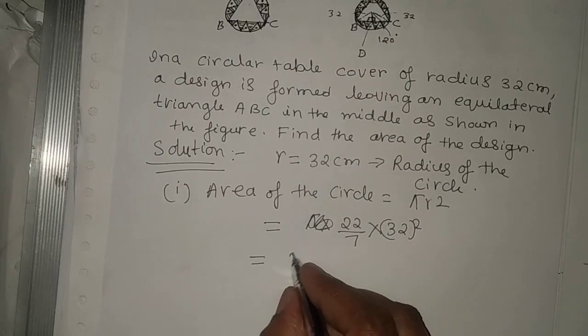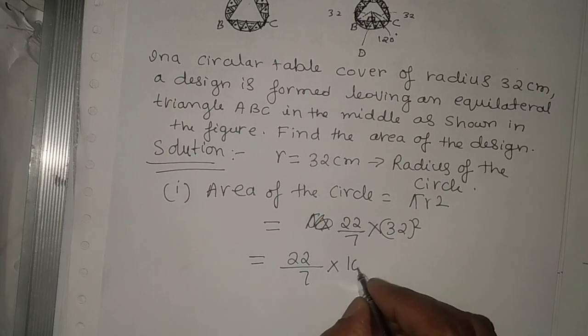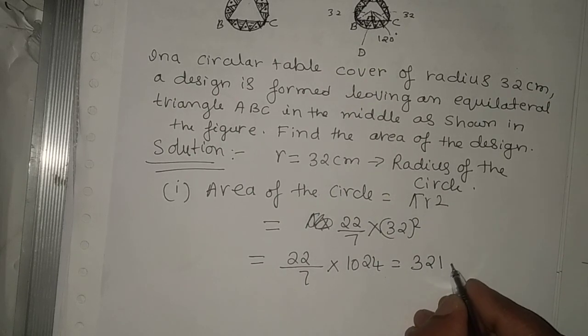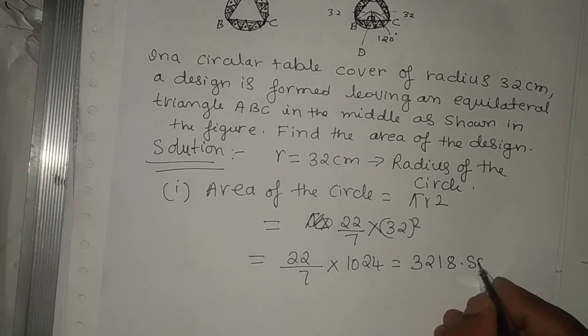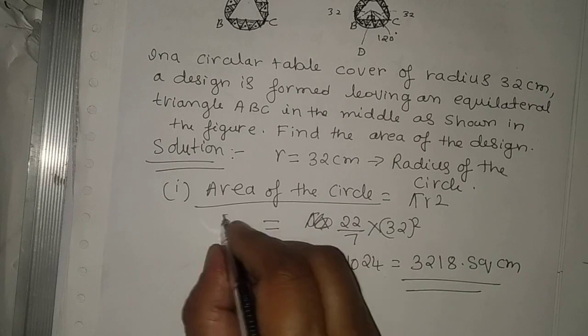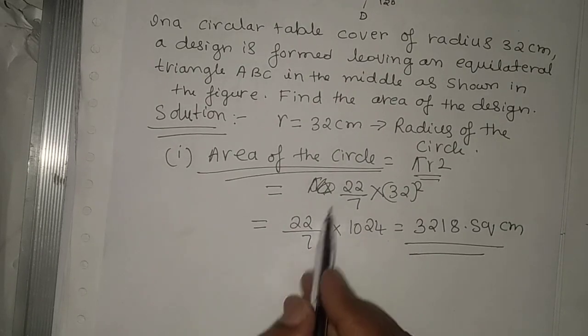Therefore 22 by 7 into 32 square, 1024, is equal to 3218 point something square centimeters.